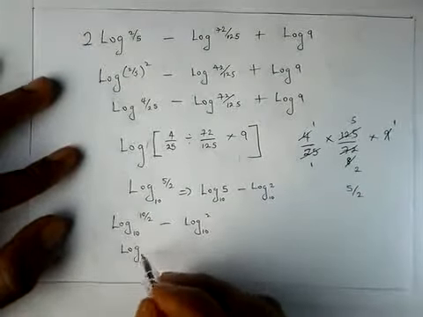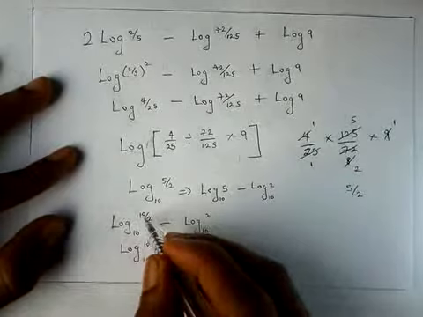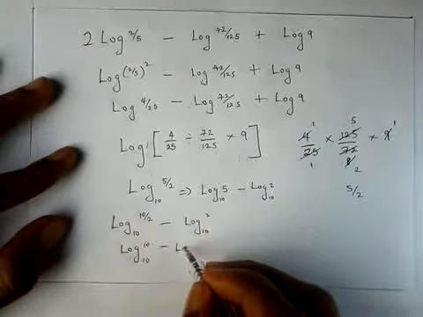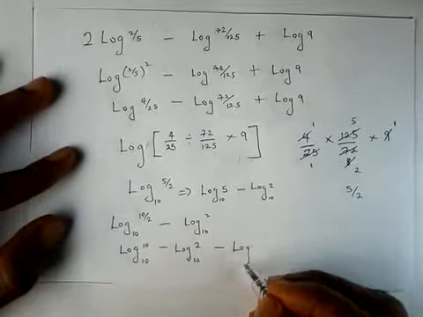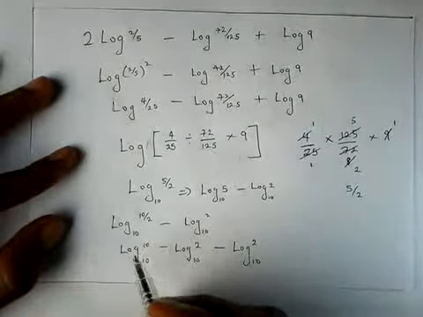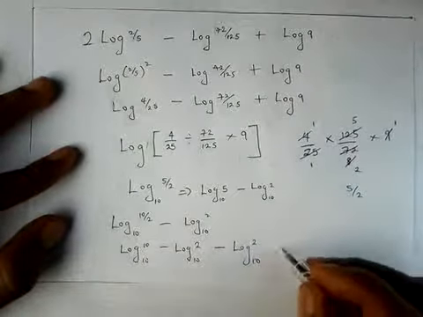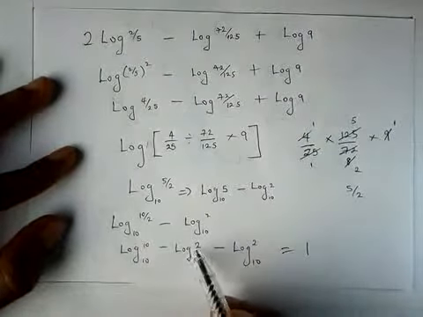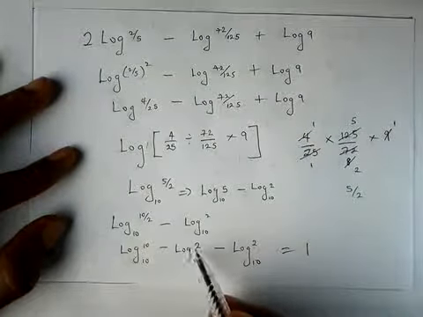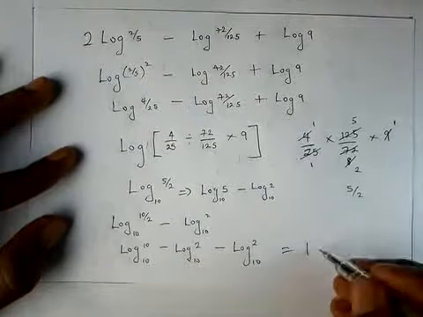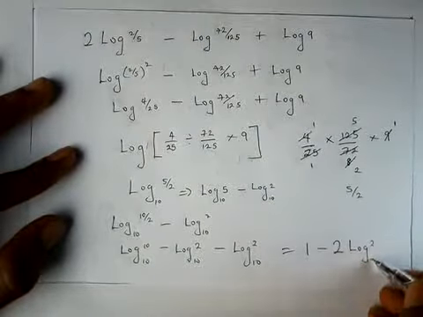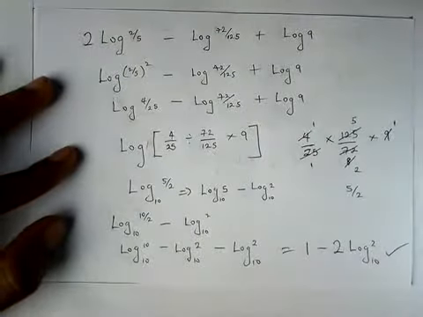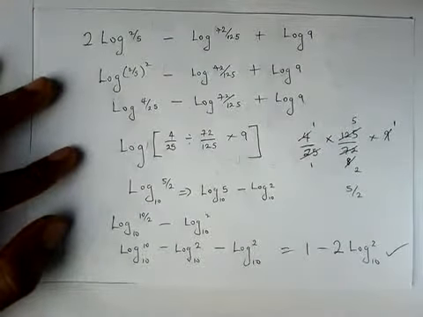So we'll break this down again to be log 10 to base 10, divide is minus log 2 to base 10, minus log 2 to base 10. Log 10 is 1. This is the same as this, like minus p is minus 2p. And this was how the answer was left.